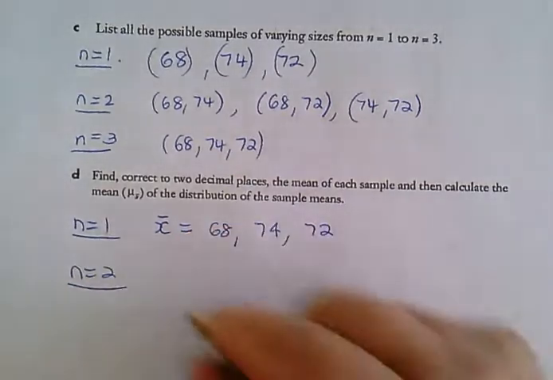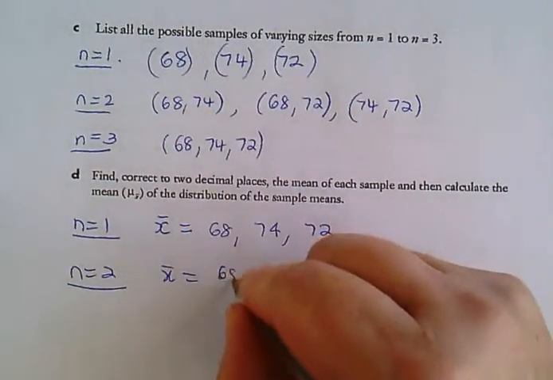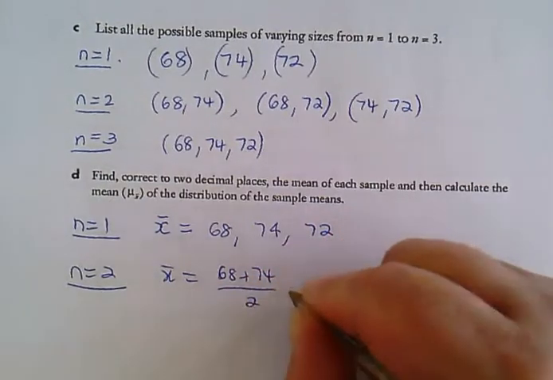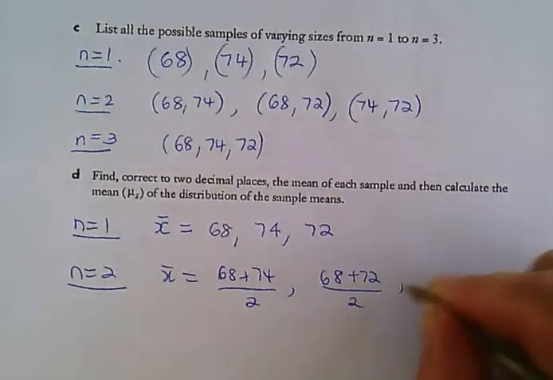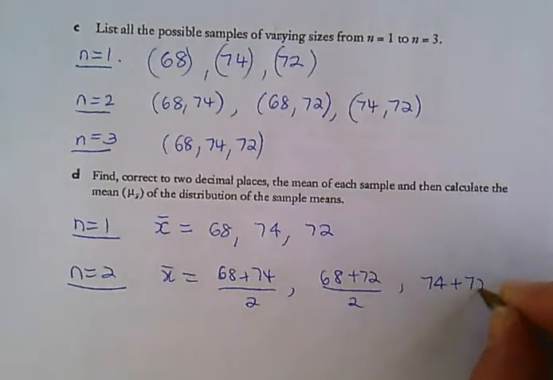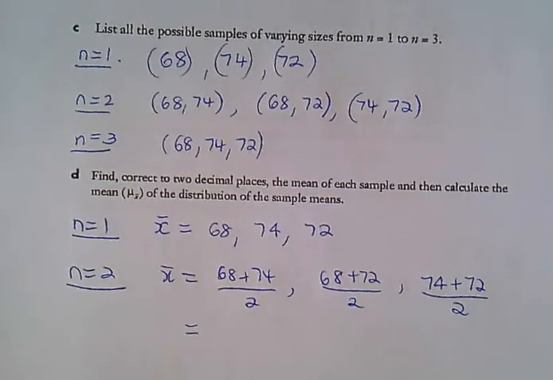For my sample size 2, what's the mean of 68 and 74? You've got to work it out. I need the mean of 68 and 72. These should actually be nice values because they're all even numbers. The average of 74 and 72 is 73.